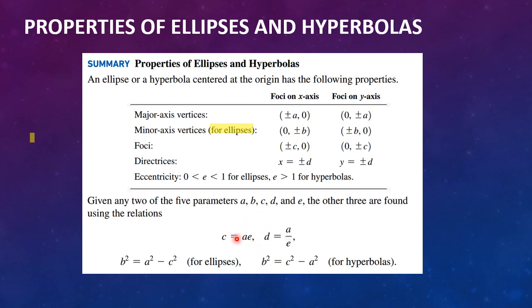Again, make sure you realize this is not Euler's constant. And then the directrix constant D is equal to A, the major axis vertex, over the eccentricity. And we already have these for ellipses: B squared equals A squared minus C squared. And for hyperbolas, B squared equals C squared minus A squared.